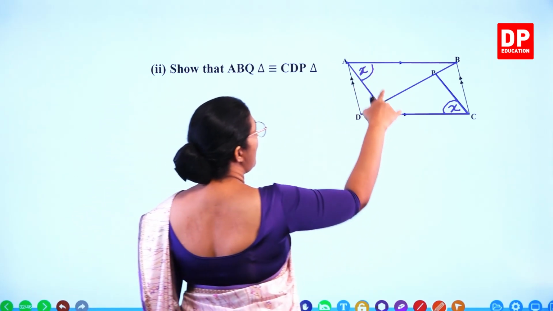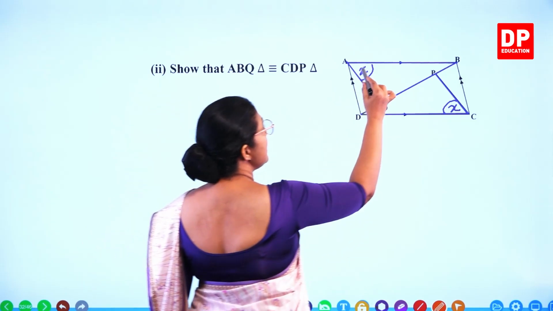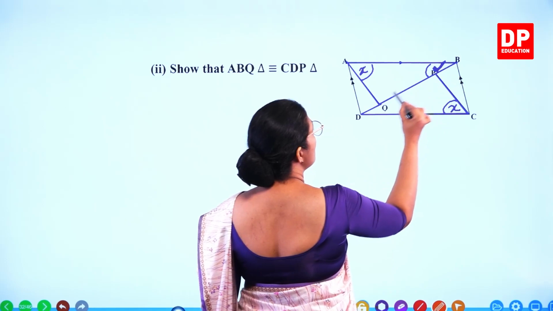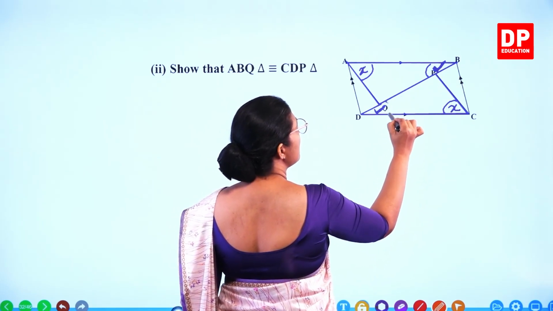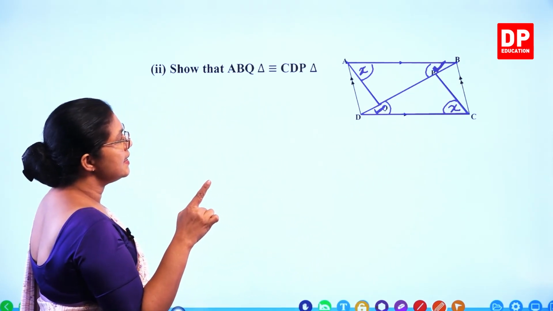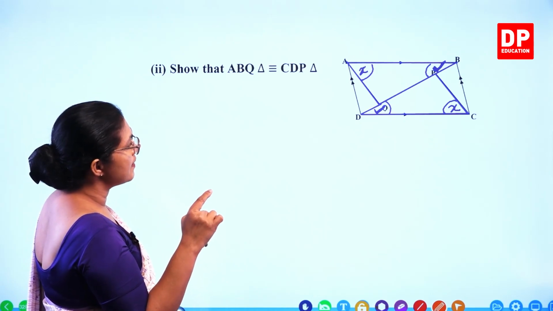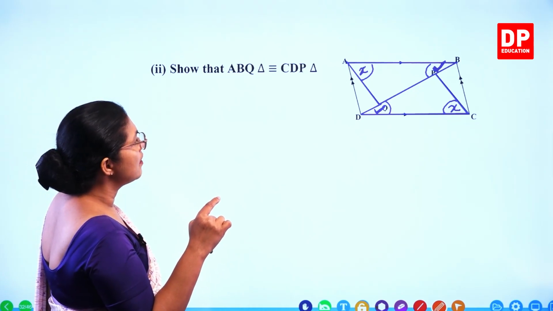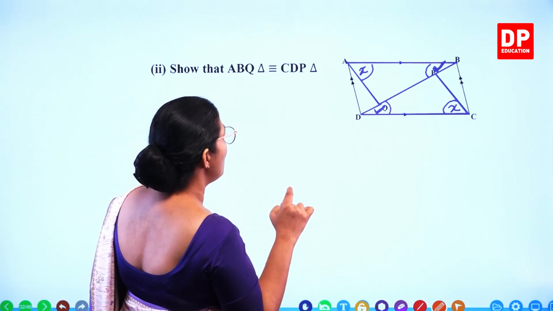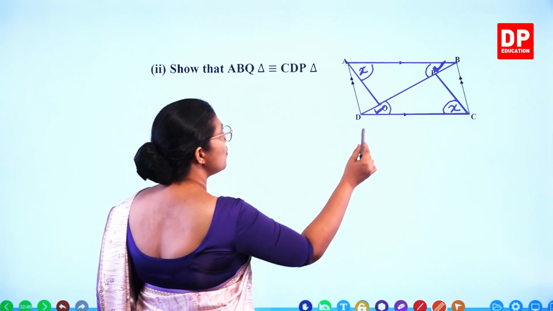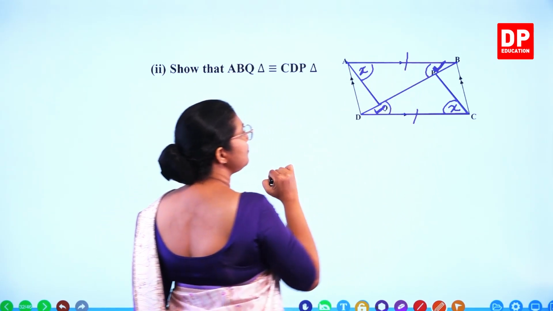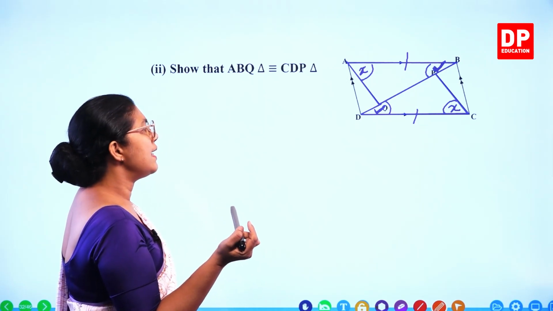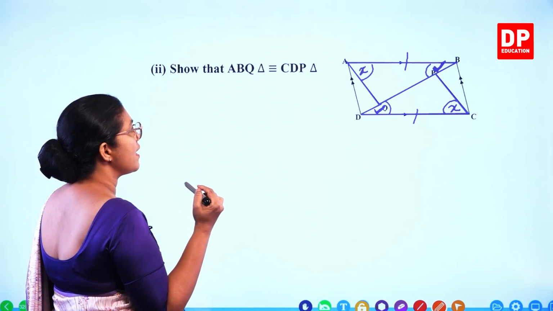And these two lines are parallel, so we can see this angle is equal to this angle. Alternate angles are equal because ABCD is a parallelogram. We have two angles now. What is the next one? What we can say is these two lengths are equal. Opposite sides of a parallelogram are equal. So two angles and one length. You can say that these two triangles are congruent.